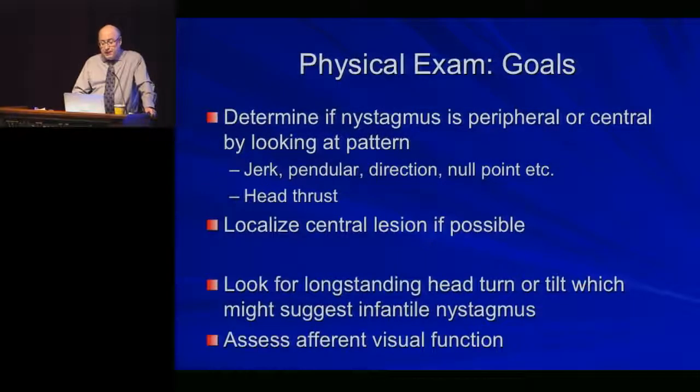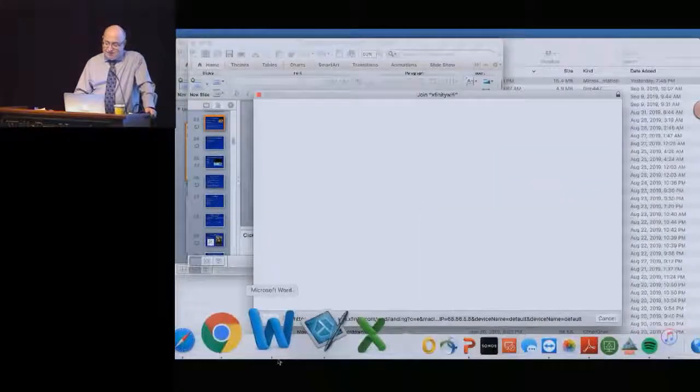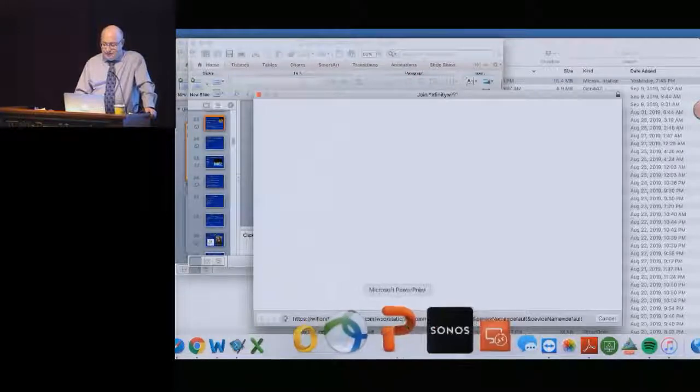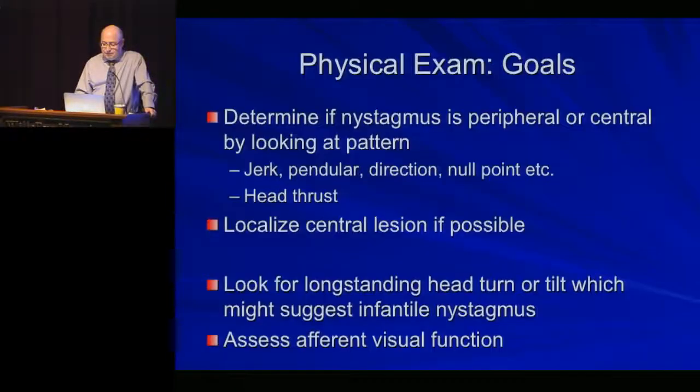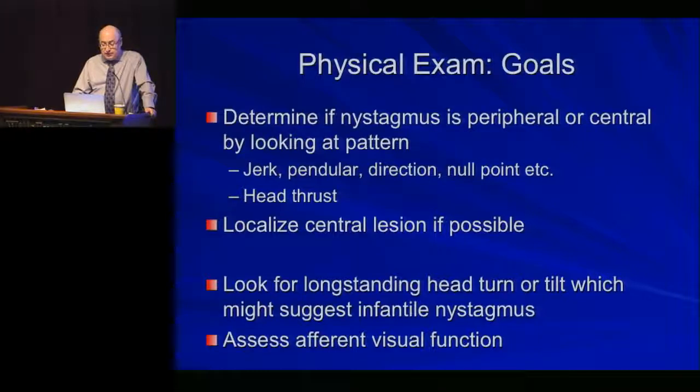When you examine these patients, what are the goals of the exam? Number one, we want to determine if it's peripheral or central by looking at the pattern. You want to determine, is it jerk, pendular? What direction is it? Is there a null point?